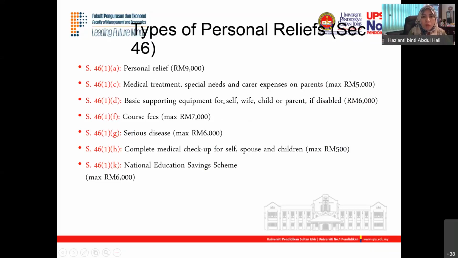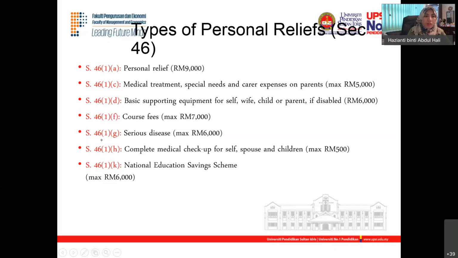46.1D, basic supporting equipment for self, wife, child or parent if disabled. Okay, beli wheelchair apa semua tu kalau ada OKU card tu regardless of any types of OKU, if disabled then boleh claim up to 6,000 and then for an individual who actually pursue the study and pay by him or herself the cost fee dia bayar yuran sendiri, maximum that he or she can claim is up to 7,000.